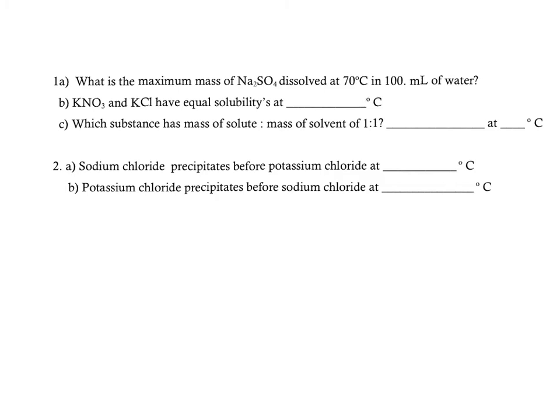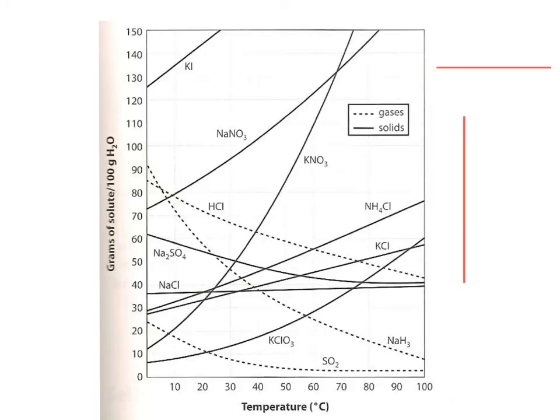Okay, so we're going to look at the graph and answer these questions. What is the maximum mass of sodium sulfate that we can dissolve at 70 degrees in 100 milliliters of water? So we have to look back at the graph in order to do this. All right, we need sodium sulfate at 70 degrees Celsius. So I'm going to make this a little bit smaller, and I want to move it.